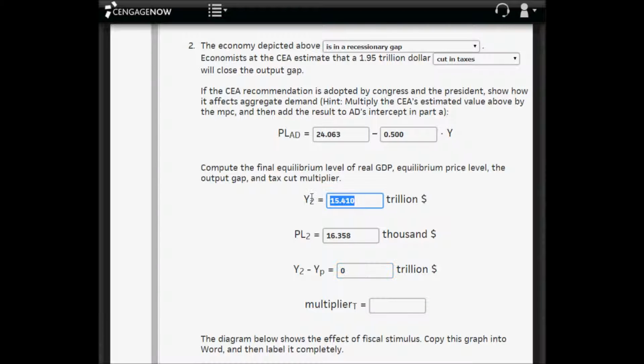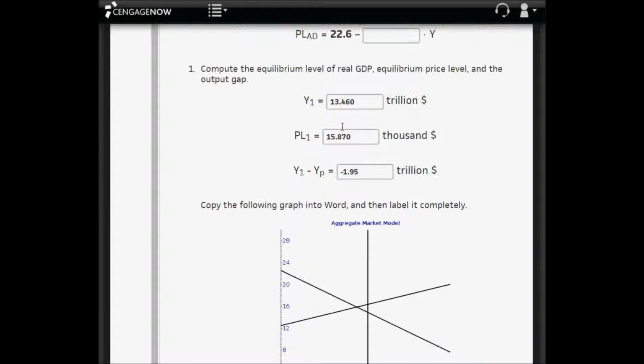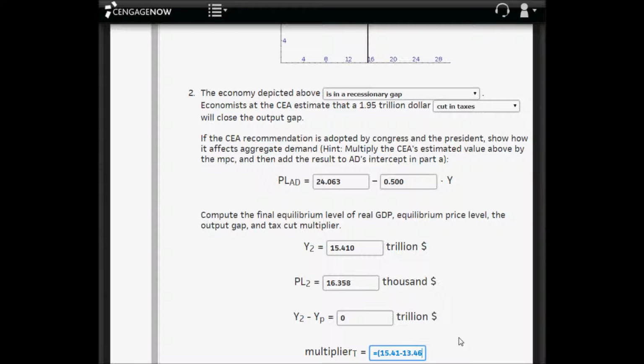The tax cut multiplier is the ratio of the increase in GDP, so this is the difference in GDP, 15.41 minus 13.46.